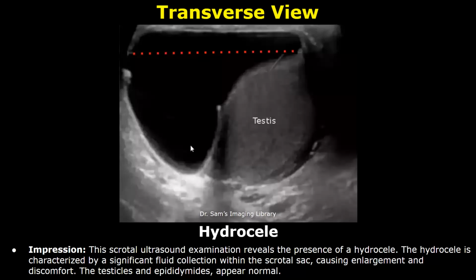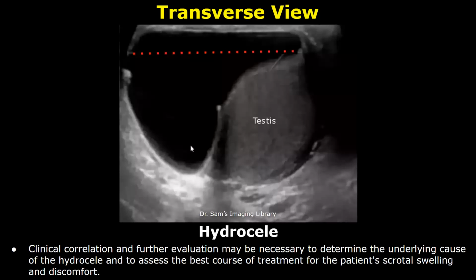The testicles and epididymides appear normal. Clinical correlation and further evaluation may be necessary to determine the underlying cause of the hydrocele and to assess the best course of treatment for the patient's scrotal swelling and discomfort.